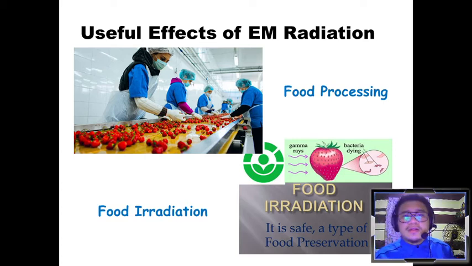And in fact, most of the foods that we take right now are actually exposed to radiation, because without exposure to radiation, maybe our fruits and vegetables will be infested by bacteria, and that is not good, because number one, it could reduce the shelf life of the fruits and vegetables. At the same time, it could also pose harm to our health, right?